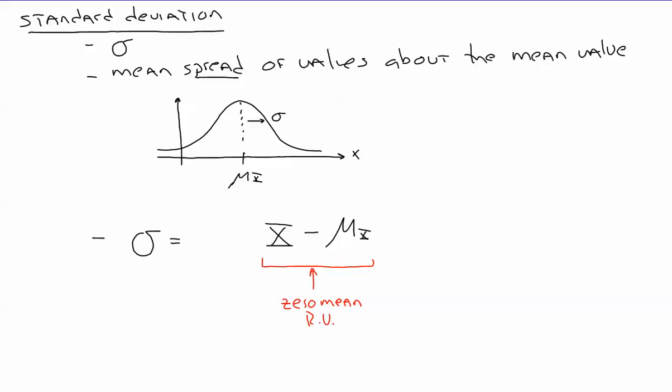Okay, well, x minus its mean might yield values that are negative. So the next thing we're going to do is square that, to make everything positive.